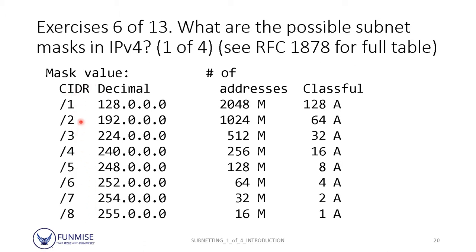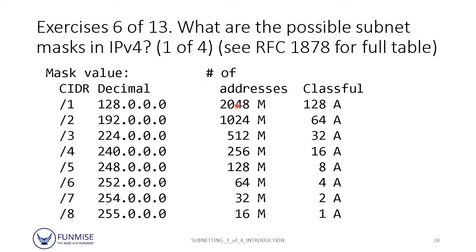I believe CIDR will be explained later in this particular class, but it stands for Classless Interdomain Routing. Here specifically, this refers to the length of the prefix in bits, starting from the leftmost bit going towards the right. And so this column shows the decimal subnet mask value that is calculated given this CIDR notation.